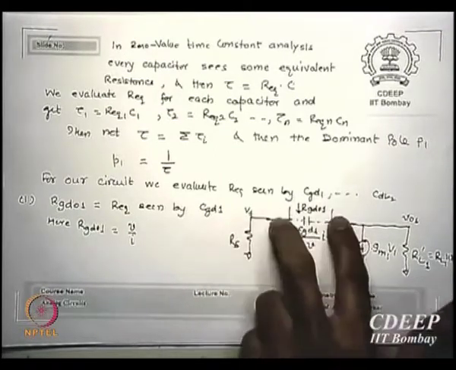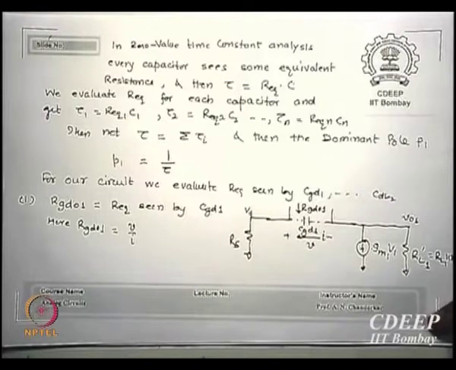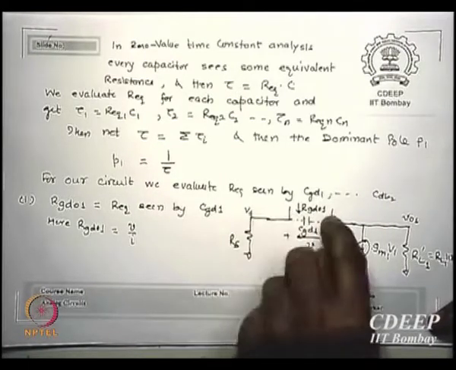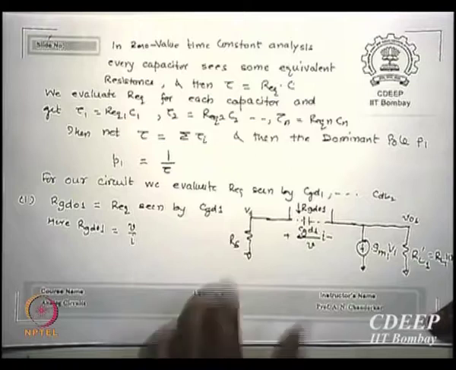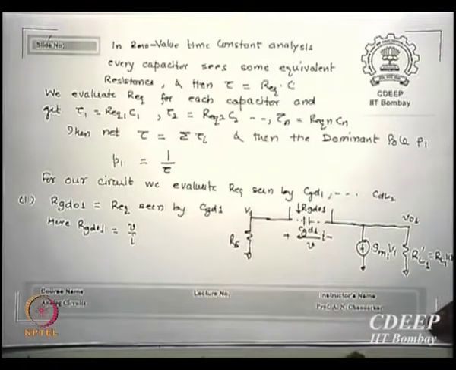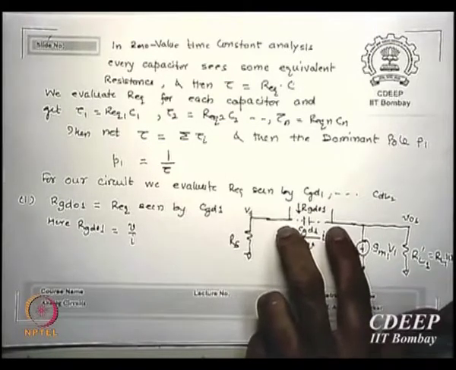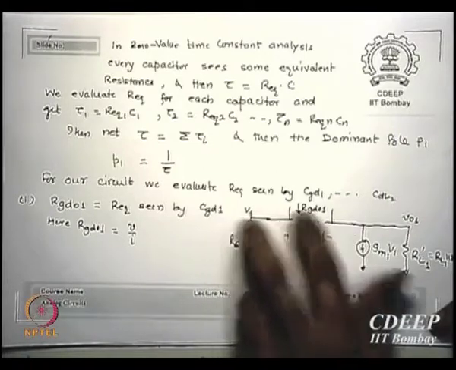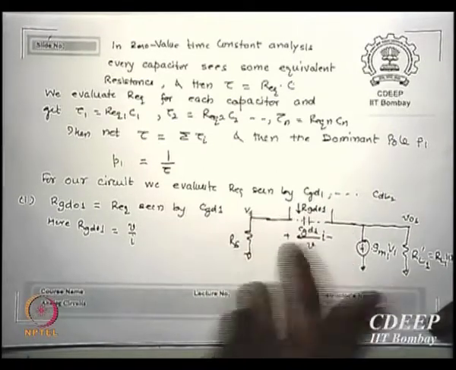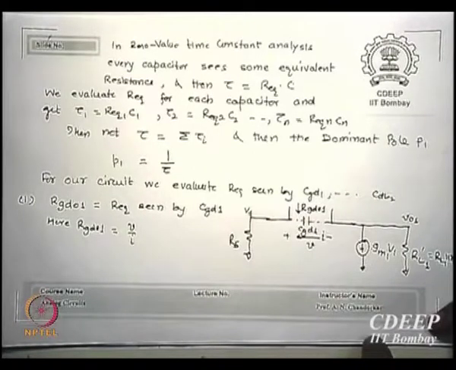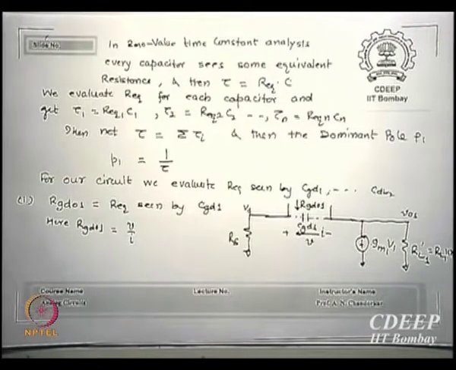Then we say the resistance seen by the capacitor is V by I. Method, I repeat: replace the capacitor by a voltage V, plus minus V, and a current source I connecting that. Every capacitor I will replace by a current source, and the drop across it is V.